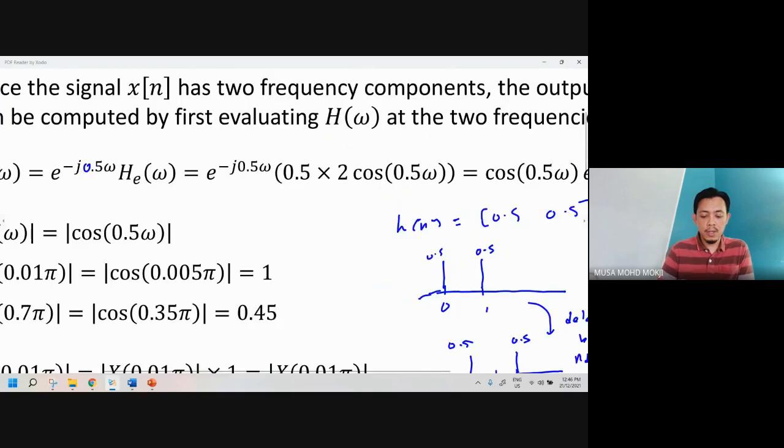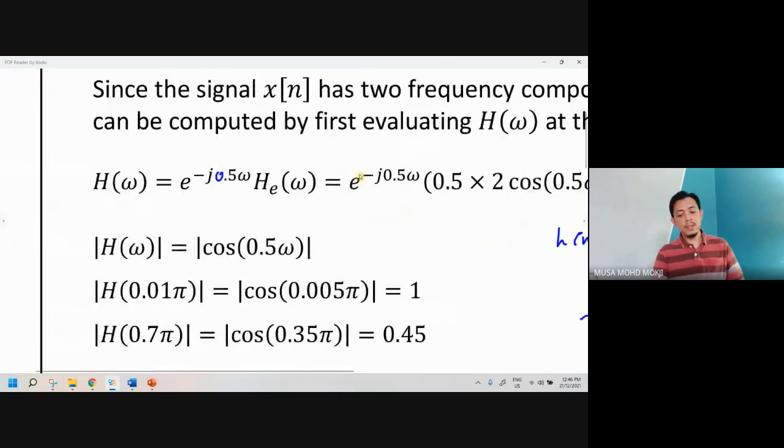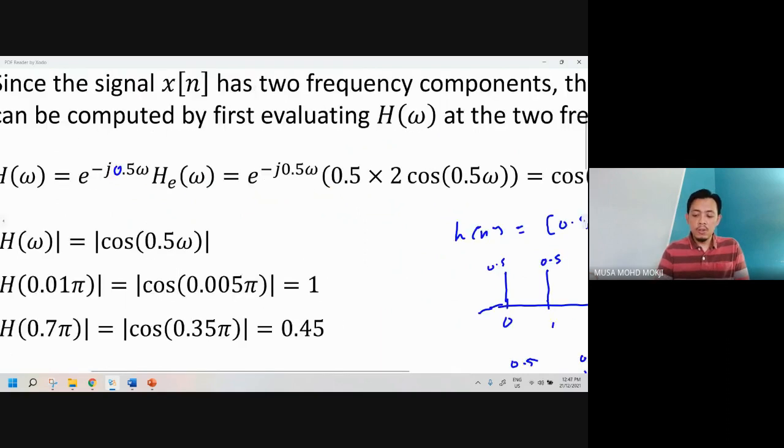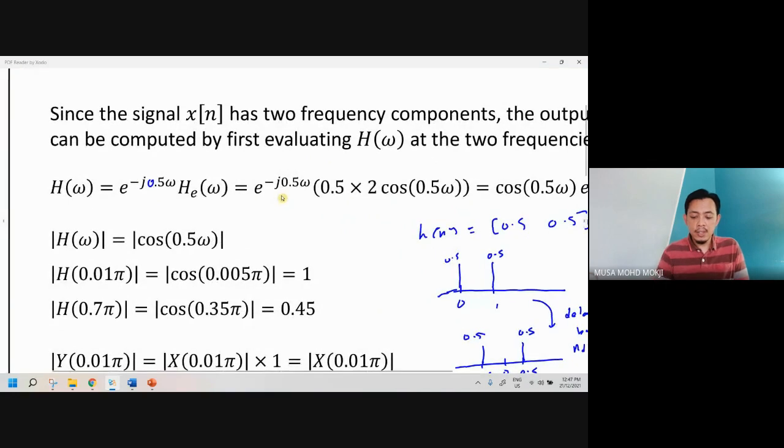So simply we can say that our H(omega) is e to the power of minus j0.5omega multiplied by the H of the evenly symmetric signal. So then we will have e^(-j0.5omega) times 0.5 times 2 cos.